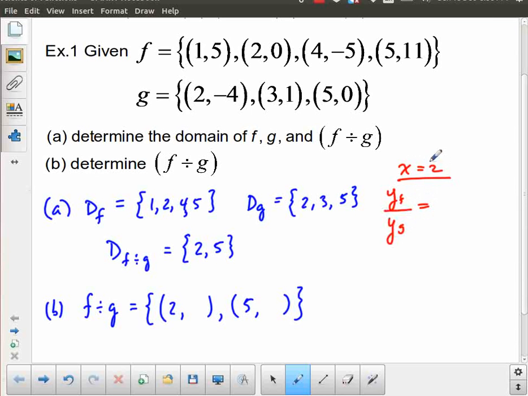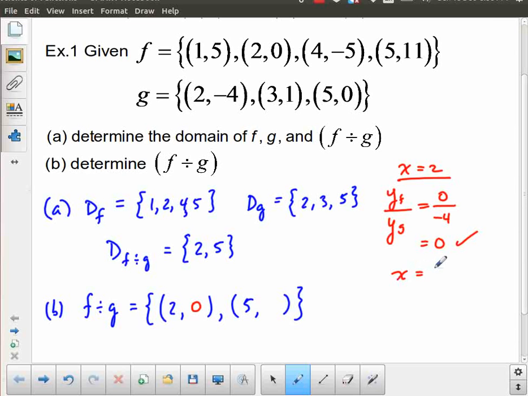So when x is equal to 2, the y value of f is 0. When x is equal to 2, the y value of g is negative 4. And 0 divided by negative 4, 0 divided by anything except for 0, is just equal to 0. So that's perfectly fine. So one of our points is 2, 0.